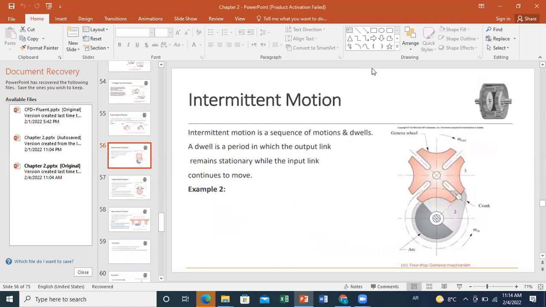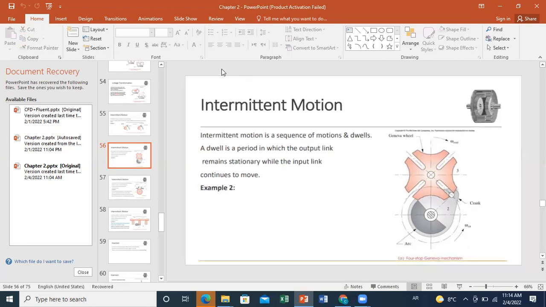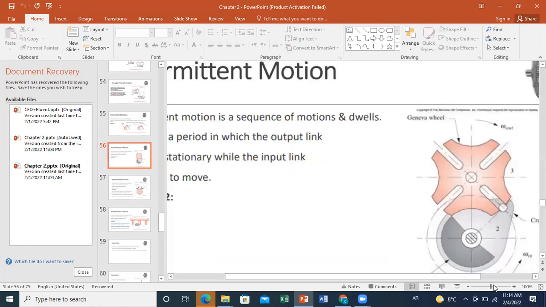Okay, now I will explain the second type of mechanism that can induce intermittent motion, which is the Geneva wheel mechanism. So here in this mechanism, what is happening? This is the Geneva wheel. The Geneva wheel is characterized by the presence of slots within the wheel.